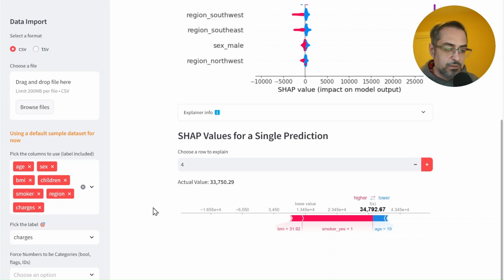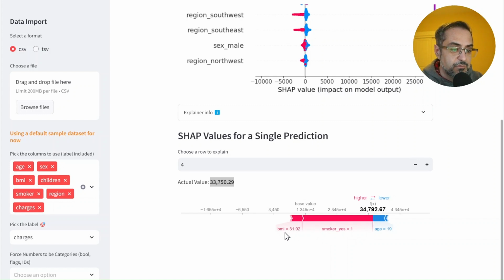So we'll look at another example. So here the actual value of the medical charge was 33,000. And the one that the model predicted was 34,792. So still fairly accurate. And it says, for this particular patient, that smoking was the biggest contribution by far.